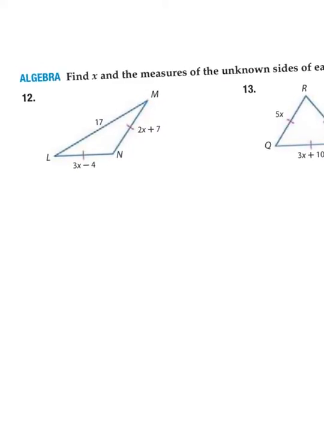Number 12 here, I have an isosceles triangle, so I'm just going to set the two sides equal. X is 11, and then when I plug that 11 back in, I get 29 and 29. So I feel very confident that I got that right.